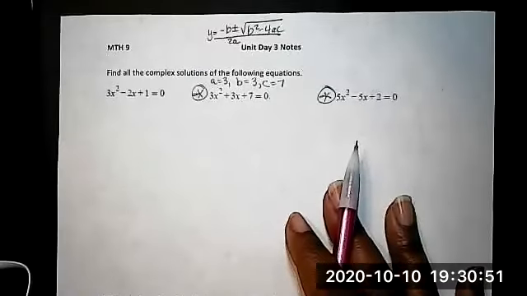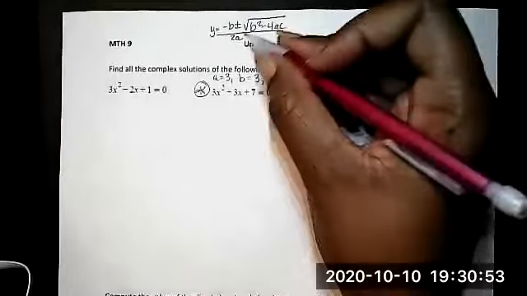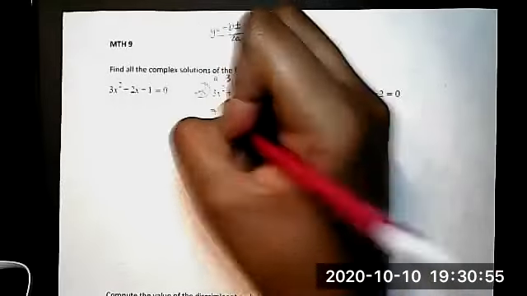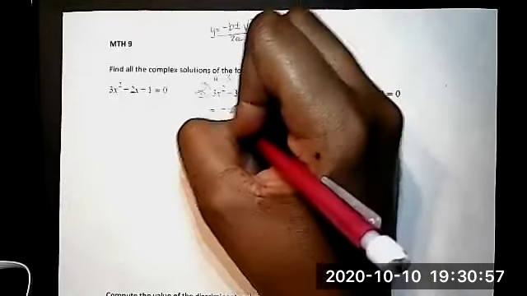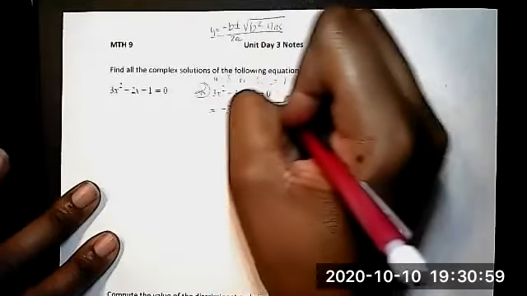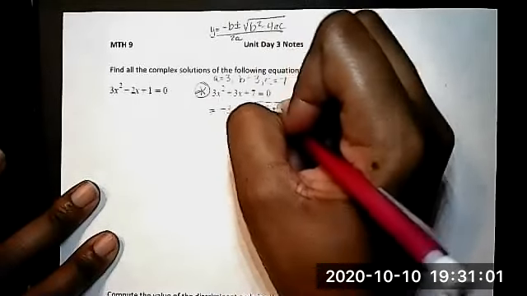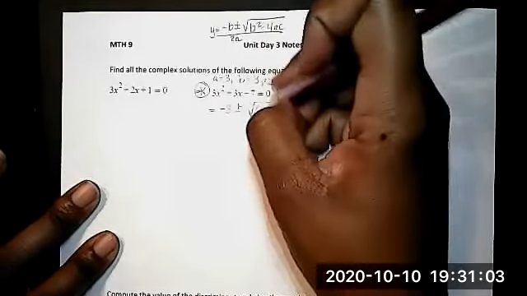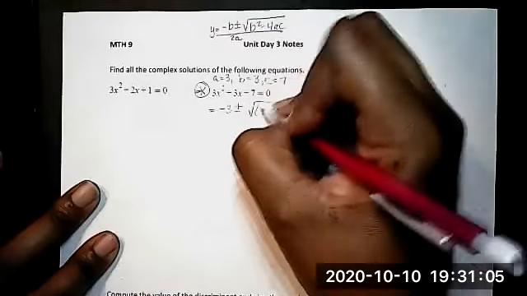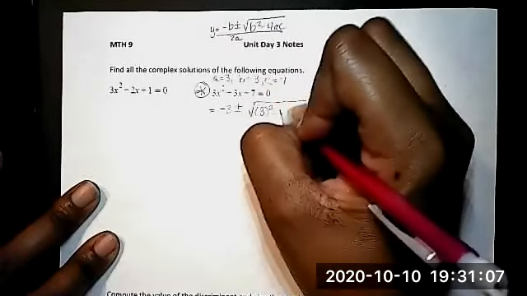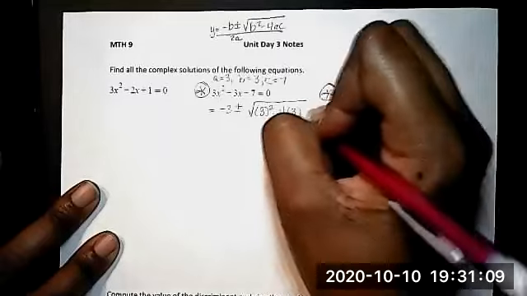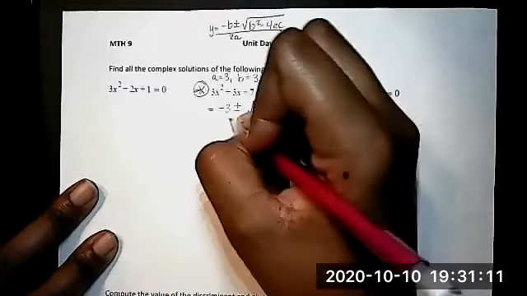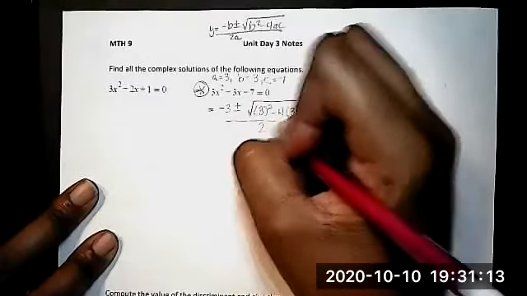That's our quadratic formula. So negative B, negative 3 plus or minus the square root of 3 squared minus 4 times 3 times 7, all over 2 times 3.